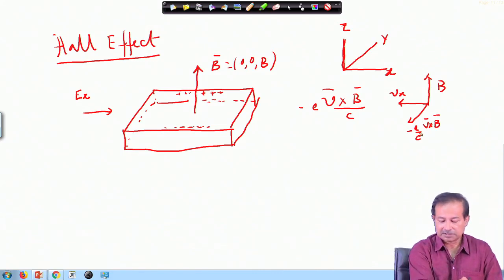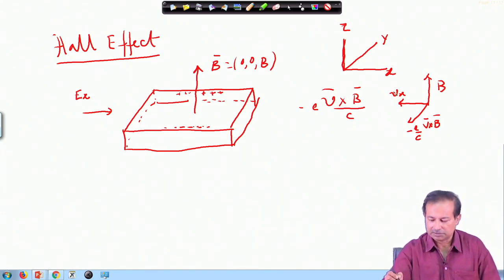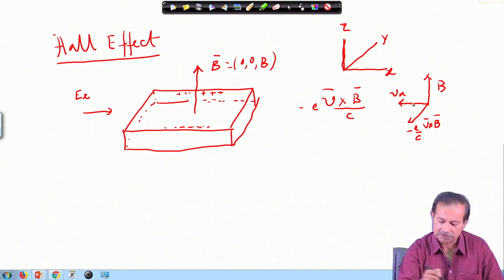Remember, the currents are flowing in this direction, that means the electrons are flowing in that direction. That is why I have drawn the v_x in this direction.